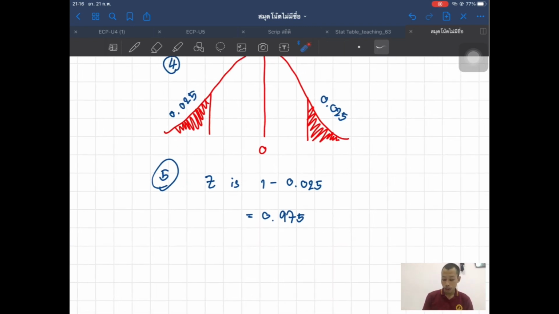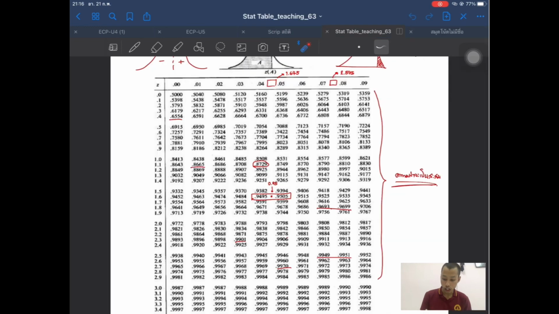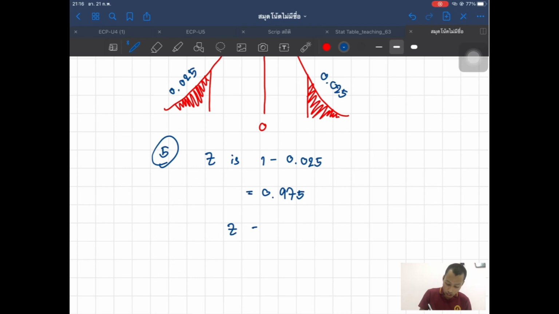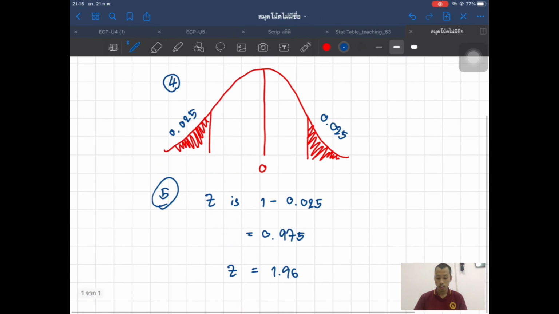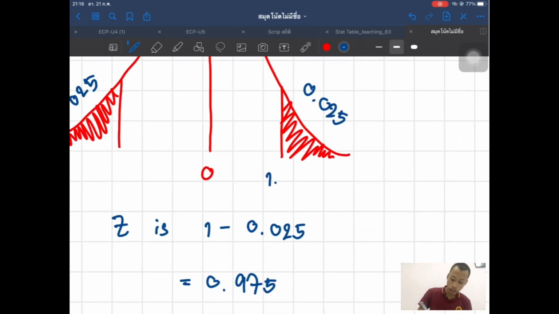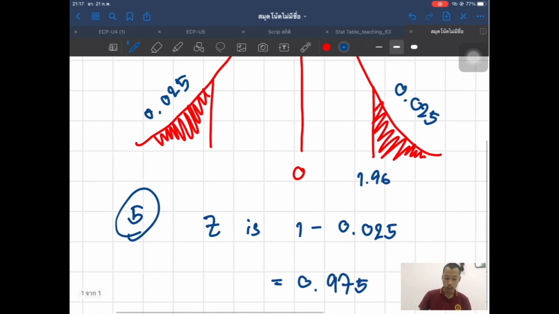We're gonna open the Z value table. Okay, you see it, in the 0.975, Z is 1.96. We have 1.96 and negative 1.96.